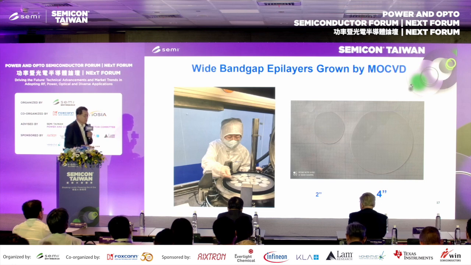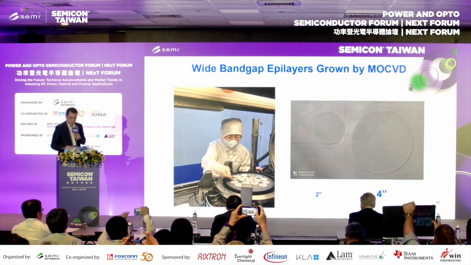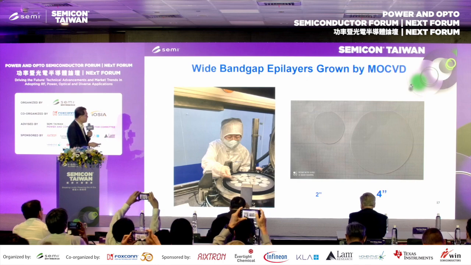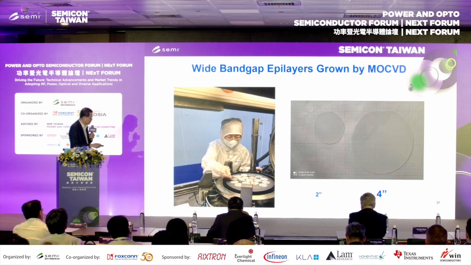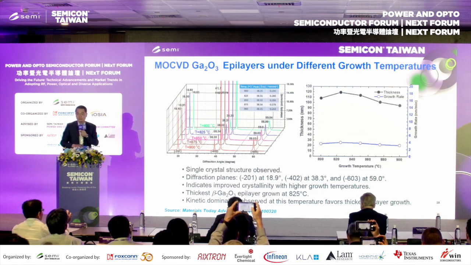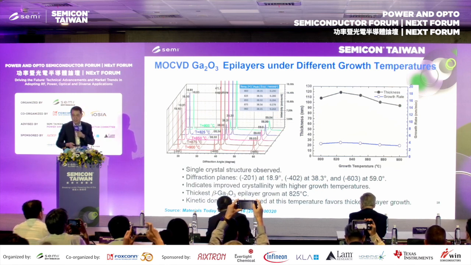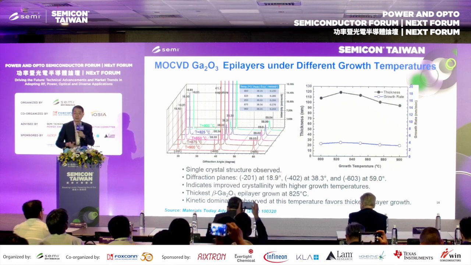We are using the MOCVD reactor to grow gallium oxide, from 2-inch to 4-inch. The most important parameter is the temperature, because temperature will determine the crystal phase.